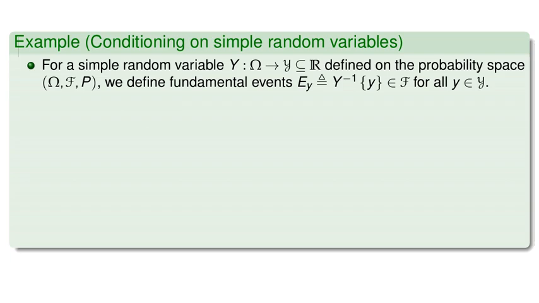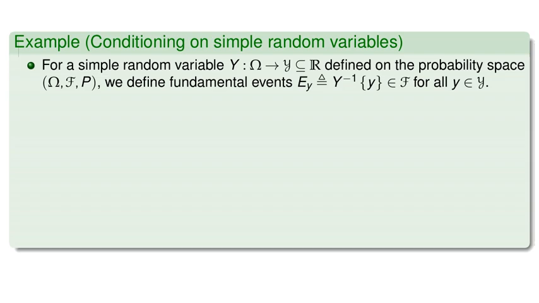Let's look at an example, conditioning on simple random variables. Suppose y is a simple random variable mapping omega to a finite or countable set script Y contained in the reals, defined on our probability space.